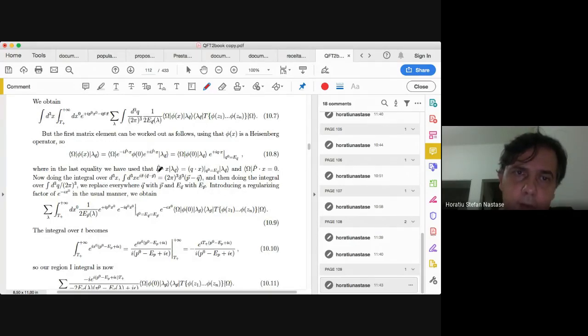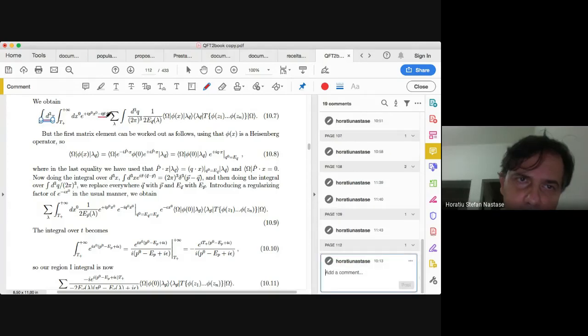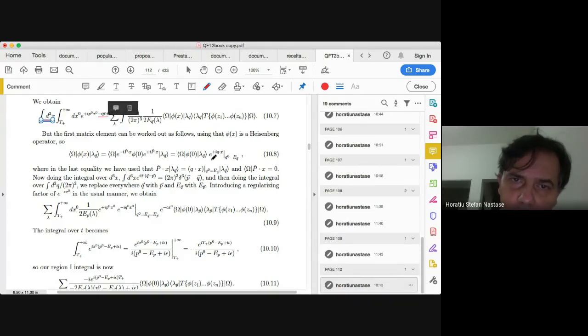Then we have the integral over spatial x. And I have this e to the minus i p x, and from this, I have e to the plus i q x.